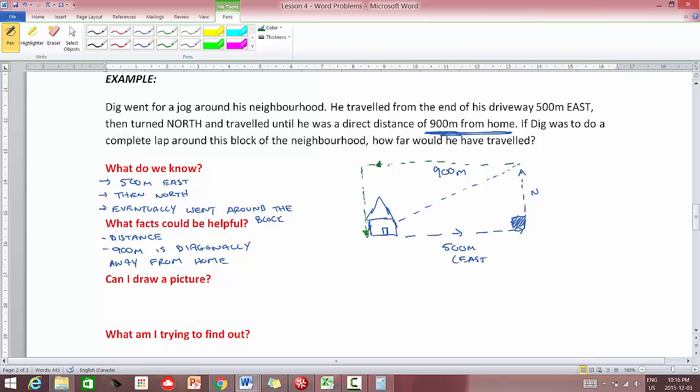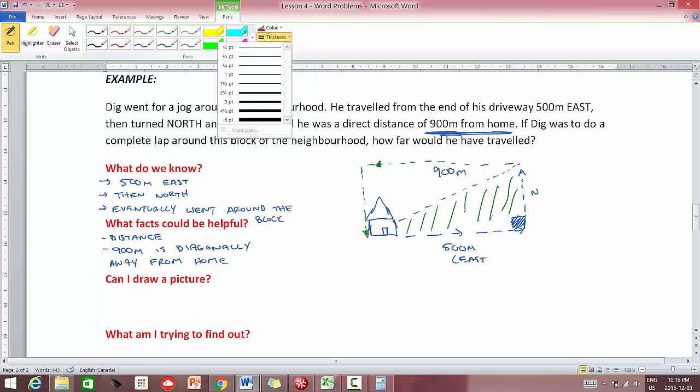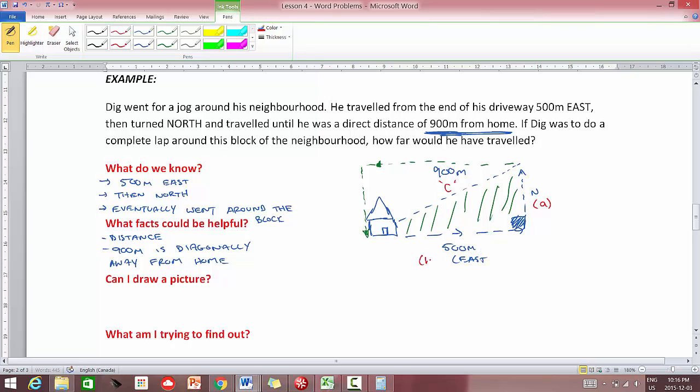This triangle here can help us with our answer. We're going to label the sides of our triangle. On this side, we're going to label this as C. On this side, we'll say this is A and this is B.